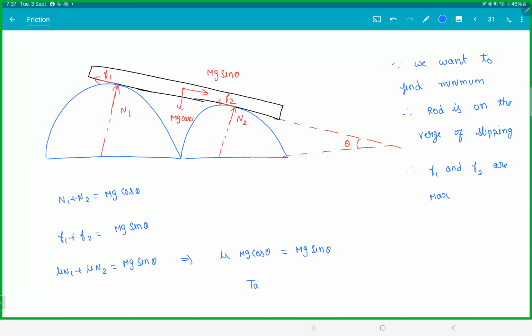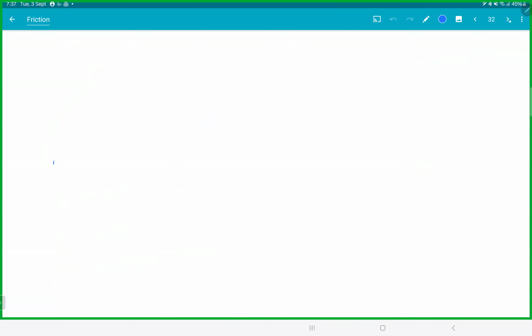Done. We got tan theta is equal to mu. But I didn't ask you this. I asked you R by r. Clear? Now what? Now I can just draw the circle. Now it's more of a geometry.